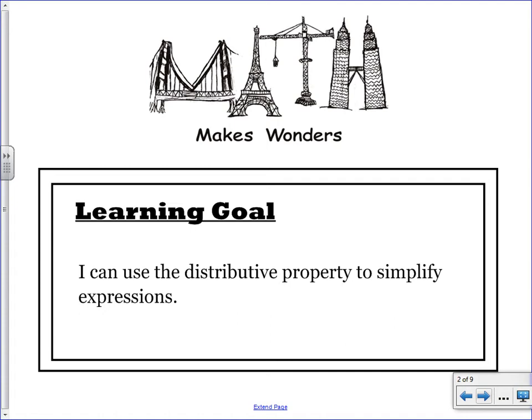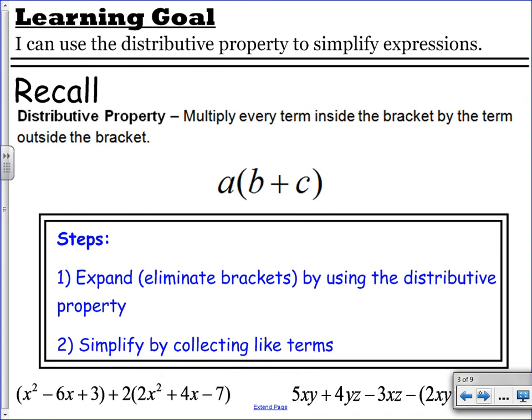Yesterday or Friday, and Thursday, we talked about simplifying expressions with no brackets. That was just collecting like terms. This one, we now have a bit of brackets. So, recall the distributive property. Again, you would have learned this in grade 9. Anyone remember what you would do here if you have a number on the outside of this binomial?